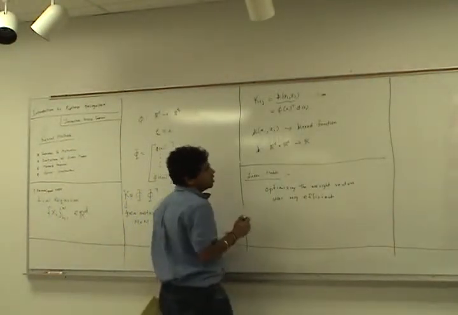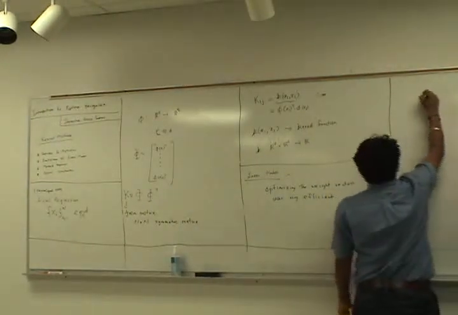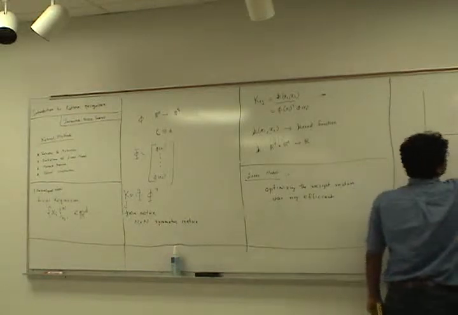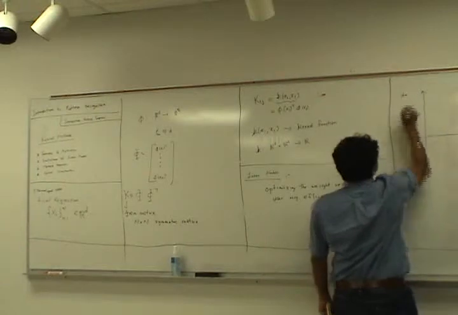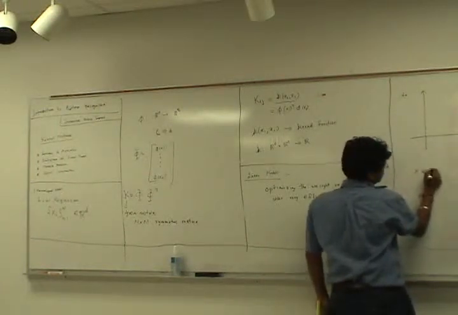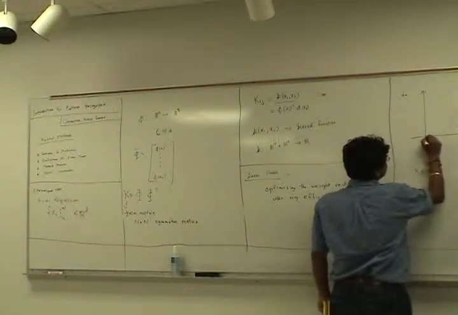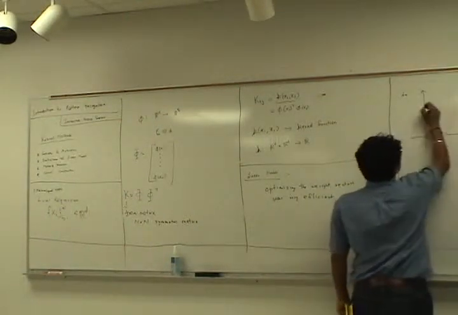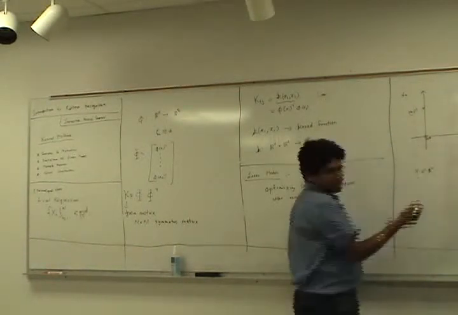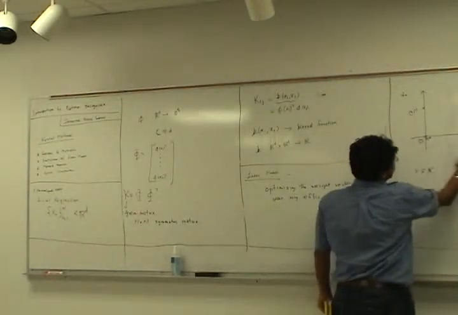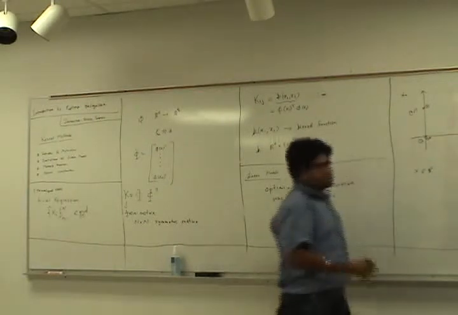Consider this example. Let's say our d is 2, so x lies in R^2, and we have three points: (0,0), (1,0), and (0,1). The point (0,0) lies in the negative class, and (1,0) and (0,1) lie in the positive class.